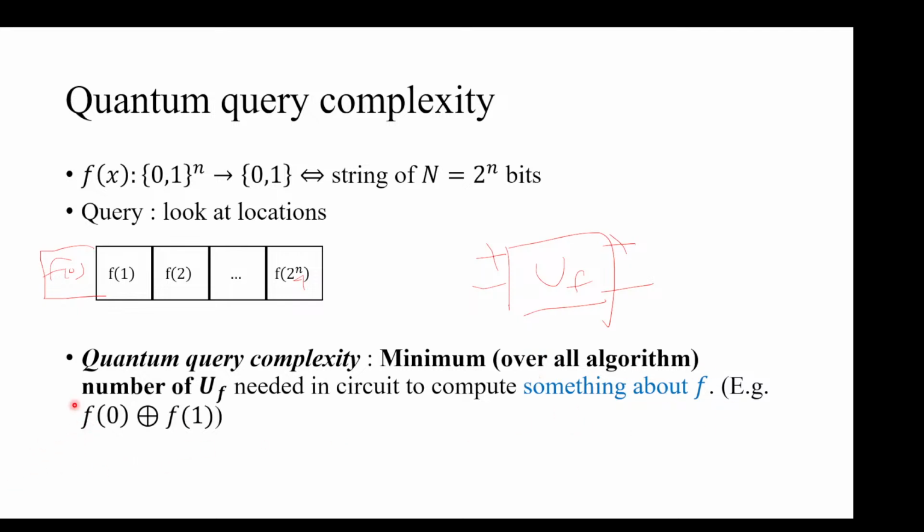For example, in the Deutsch algorithm, you want to compute f(0) plus f(1). So that's quantum query complexity: you have some problem about this unknown function f, and you want to see how many of these query oracles you need in your algorithm to compute it.